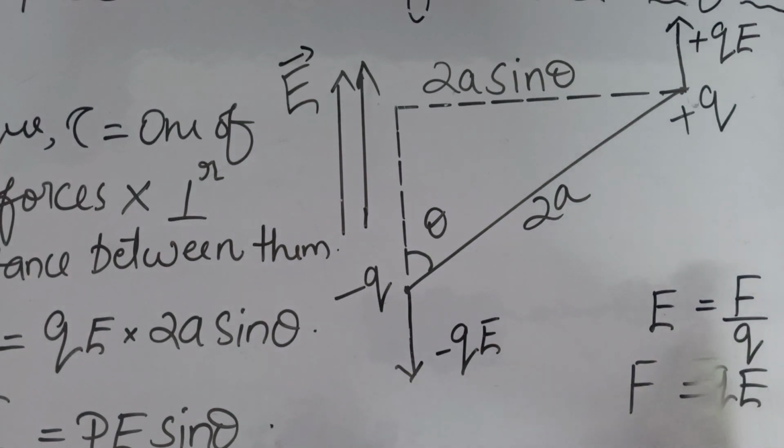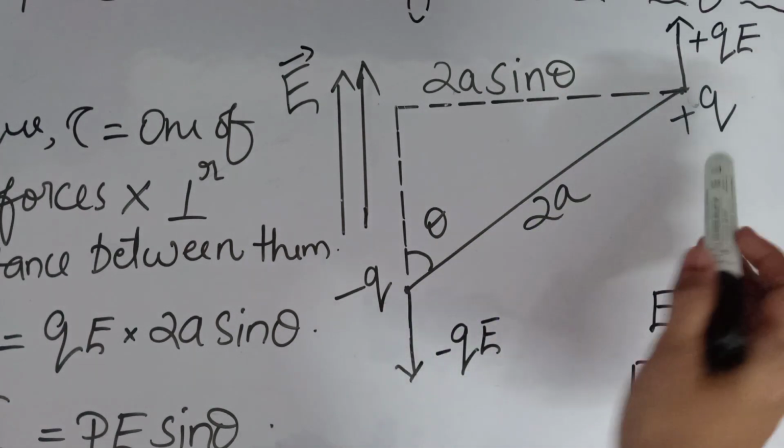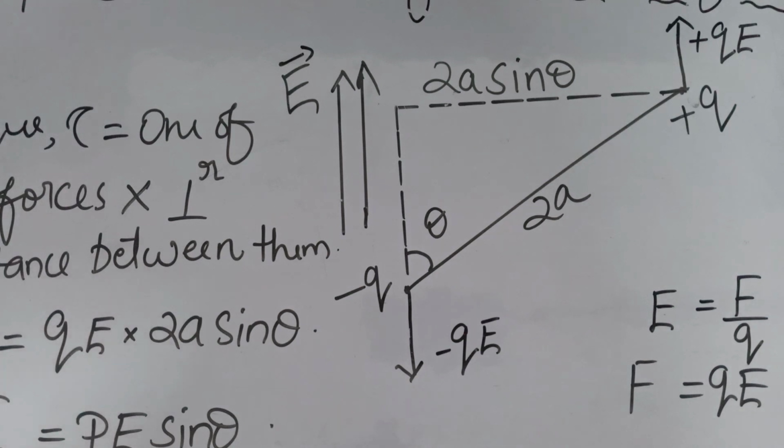And the magnitude we have found now, right? And we have two charges, right? One is negative and the other one is positive. So in which direction will the forces be acting? That is our next problem. So you should know that when we are placing a positive charge, to which direction the force will be acting. Just understand, if you are taking a positive charge, it will experience a force in the same direction as the electric field.